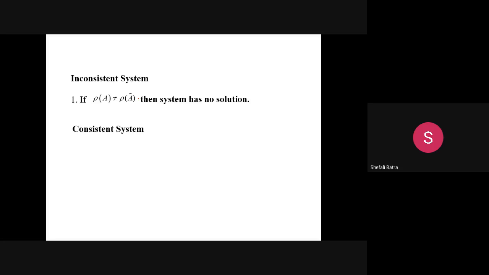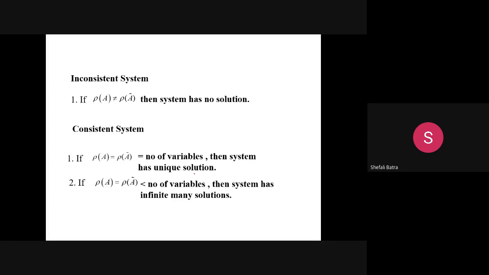Consistent system. If the rank of the coefficient matrix is equal to the rank of the augmented matrix, and that is equal to the number of variables, then the system has a unique solution. If the rank of the coefficient matrix is equal to the rank of the augmented matrix, and that is less than the number of variables, then the system has infinitely many solutions.